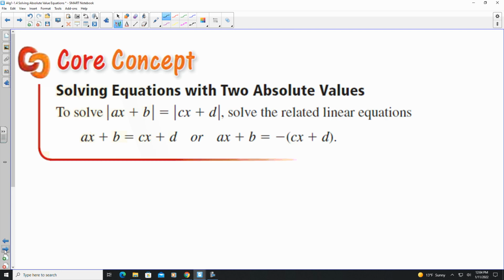Here it says solving equations with two absolute values. If I have an absolute value on both sides of the equation, we have to solve them related to a linear equation.